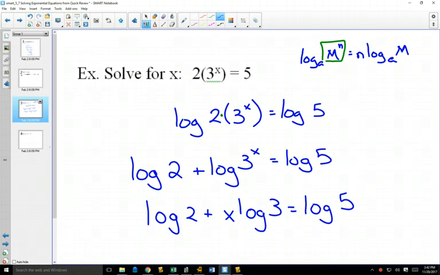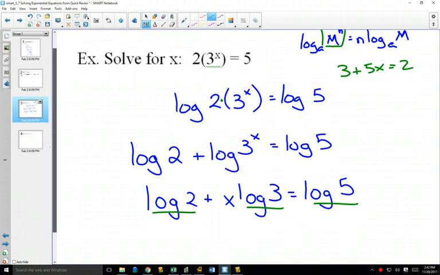You can imagine that each of these are numbers. Well, they are numbers. But if you think of that, this is really an easy question disguised to look hard. If I gave you 3 plus 5x equals 2, you'd be able to solve that super easy. This is the same, just with funny looking numbers. Log 2 is a number, log 5 is a number, and log 3 is a number.